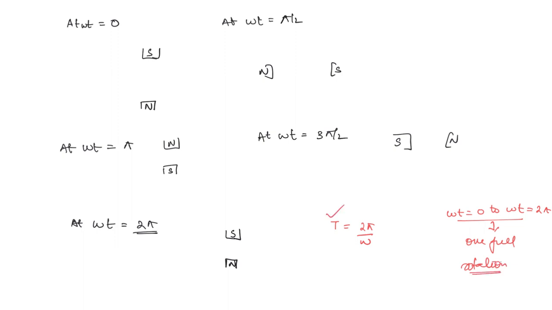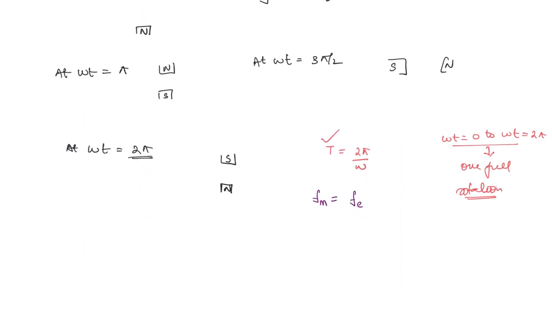So that means this is the time period. But this is also the time period for what? The three-phase electrical currents. So that means the frequency, whether it is in hertz or in radian per second, the mechanical frequency, that is how fast this magnet is rotating, this is equal to the frequency of the electrical current that we are giving.